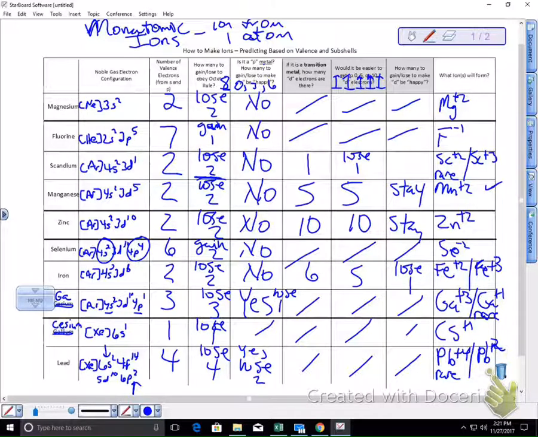It's not impossible, but it's very unlikely in nature to find the +4. You can find the lead +4 in the oxidation state, but again, usually not in the ion form. The moral of that story is, for the p metals, as you get closer to the bottom, it becomes less about emptying the valence shell and more about just emptying the p subshell.